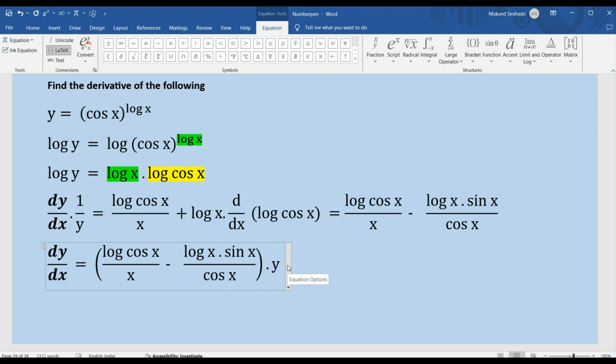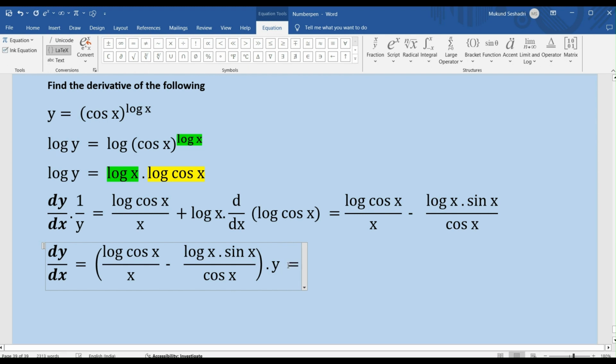But that's more applicable when you have an implicit function, right? Now, this is an explicit function. And why is it an explicit function? Because you have a function where y is defined clearly in terms of the independent variable x, right? So we have a function of the type y equals something, and that something is in terms of x. And what is that? Cos x to the power log x, right?